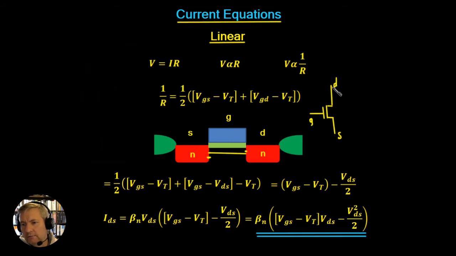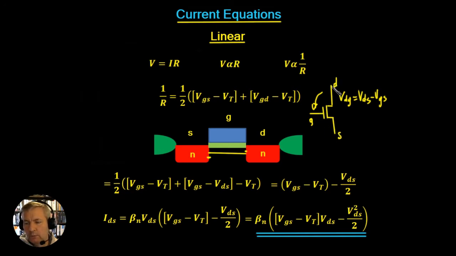We could say that VDG, that's this voltage here, is going to be the entire voltage VDS, the drain to the source, minus the VGS, the gate to the source. So this voltage here is going to be the same as this voltage here, which is the drain-source, minus this little voltage here.